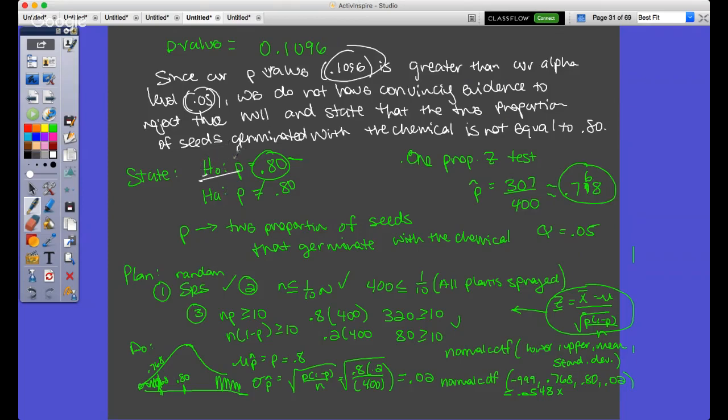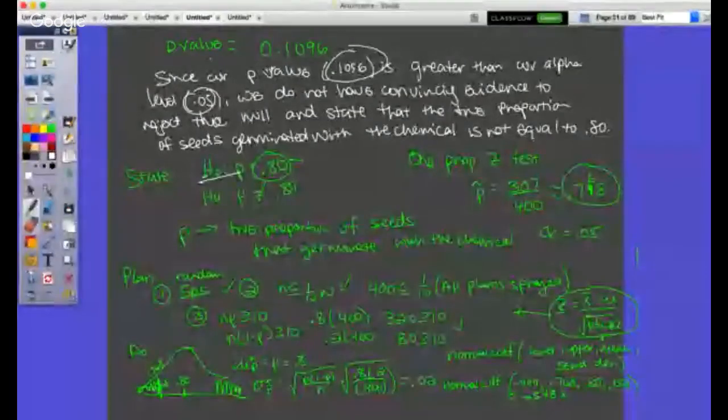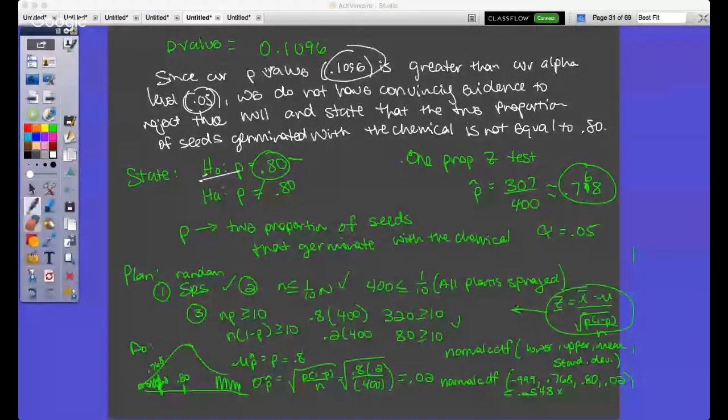Or do we not have convincing evidence to reject the null, and therefore no convincing evidence to accept the alternative? Do you see how that goes hand in hand? I hope that makes sense as we talk through that together.